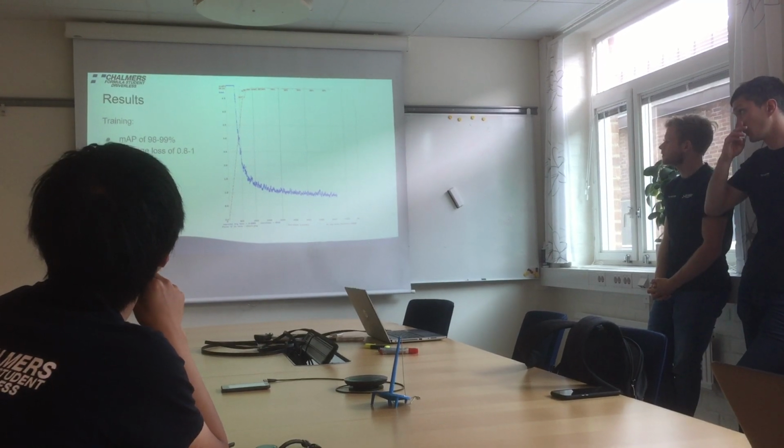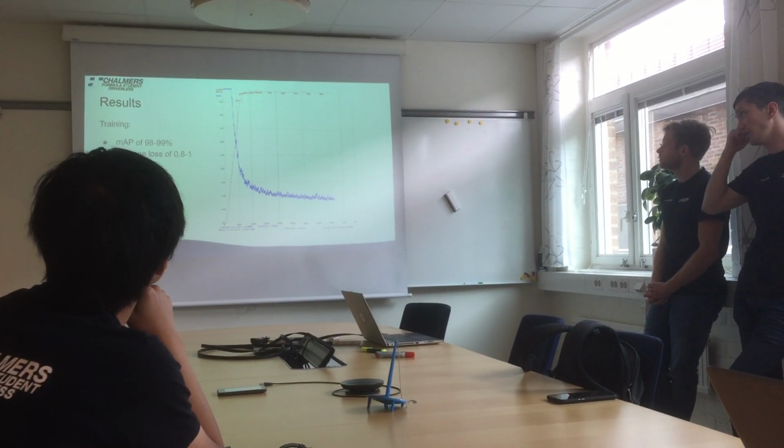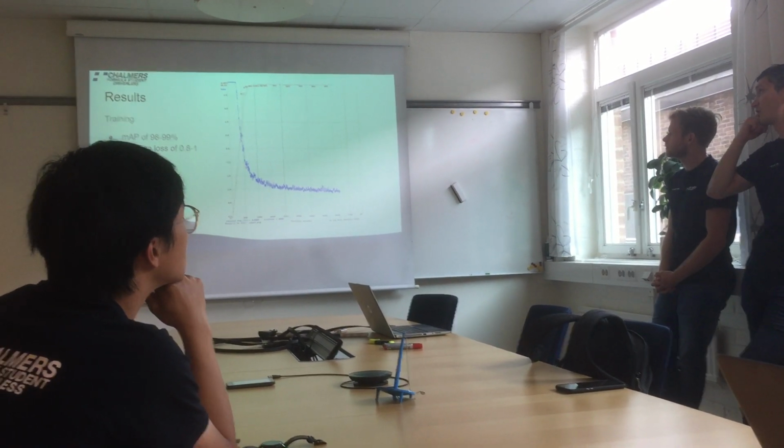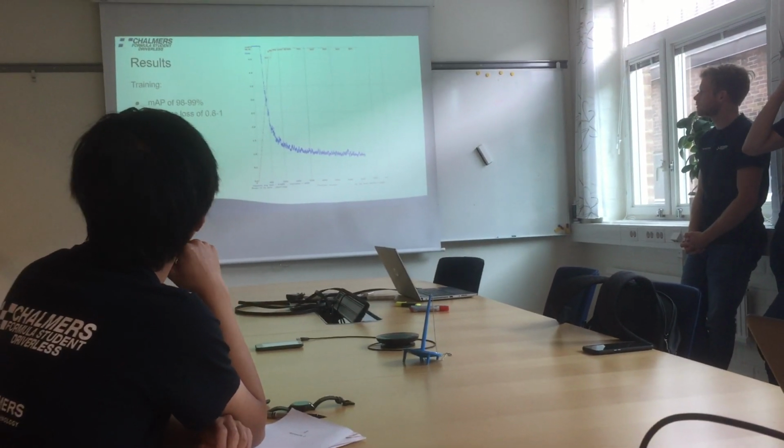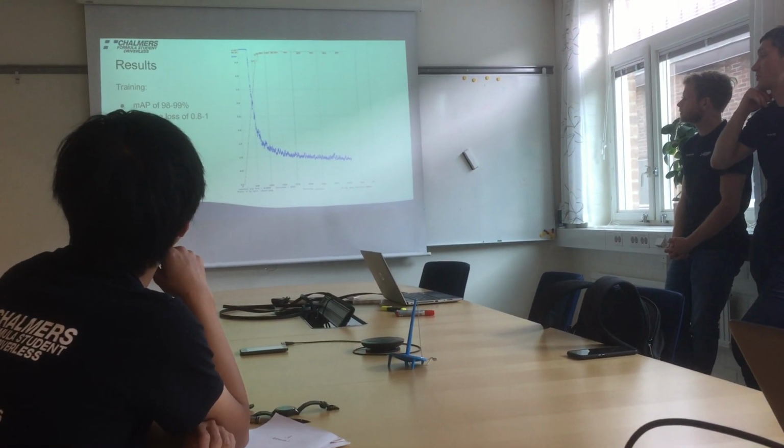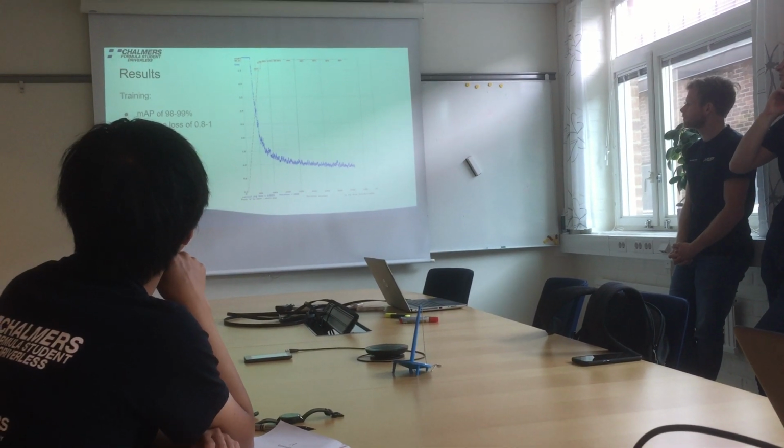In the previous version of the network, mean average precision was actually around the same, 97, 98, but the average loss was bigger, 1.2, 1.5.